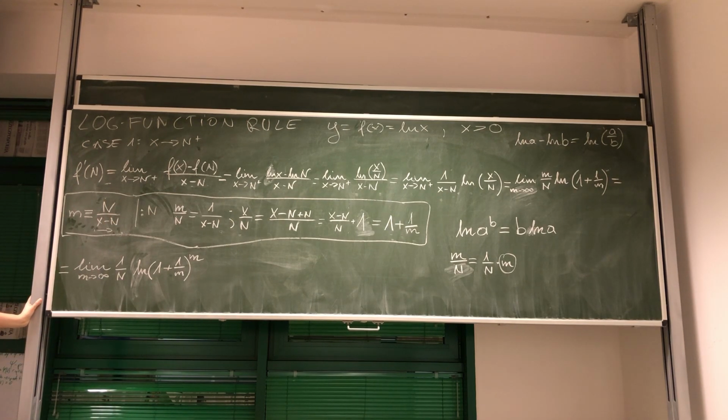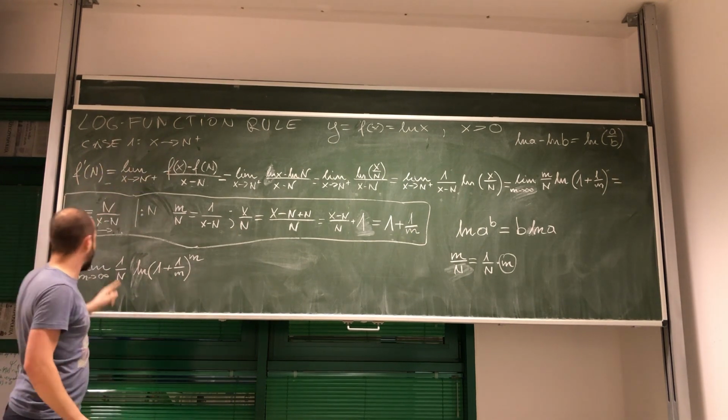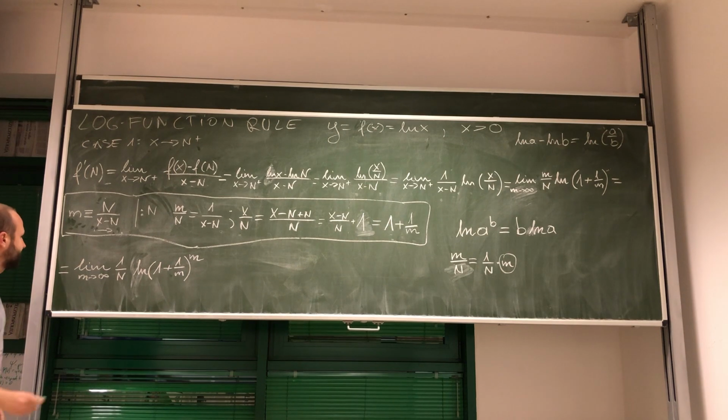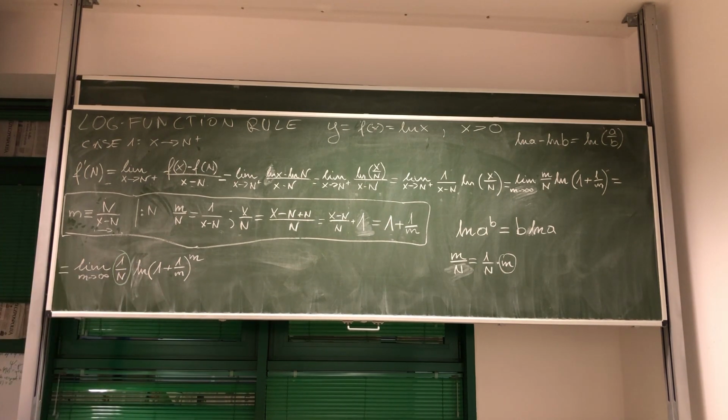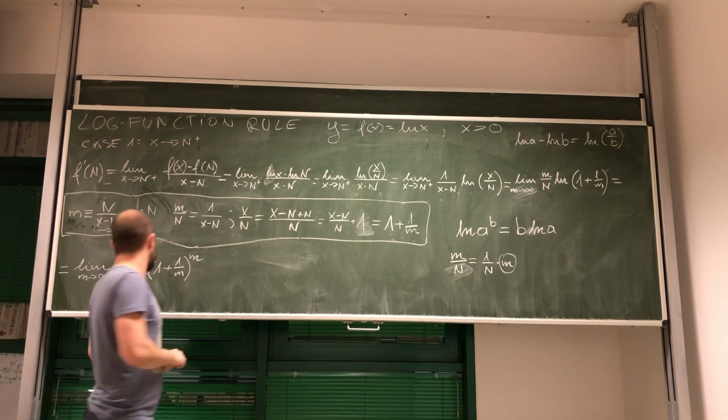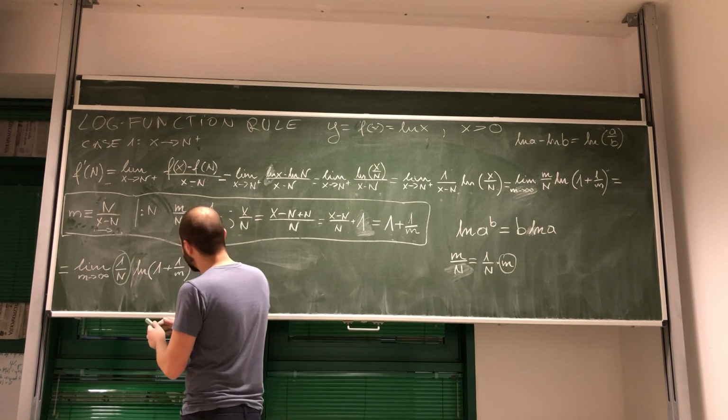Okay, now look, as x approaches n, of course 1 over n stays exactly the same as it is, because we are already at n in this case. So the important thing is, what is this expression?